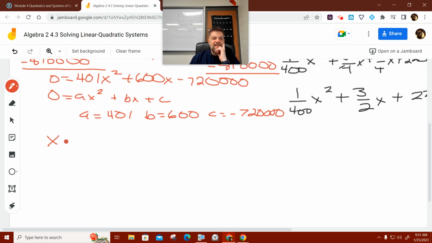So knowing that, I can use the quadratic formula, which means that x is going to be equal to negative b plus or minus the square root of b squared minus 4ac, all over 2a.